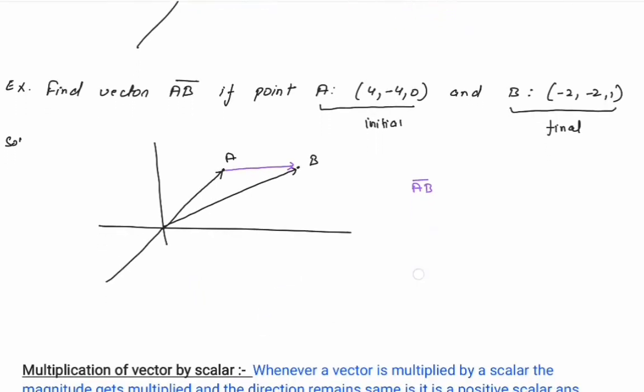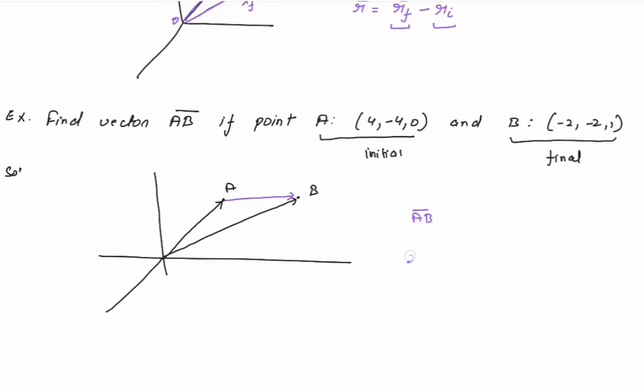So what do we need to find? First we will find the initial position vector, the position vector of point A. The position vector of point A will be given by 4i cap minus 4j cap minus 0k cap. Because the z-axis component is 0, we can write 4i cap minus 4j cap.